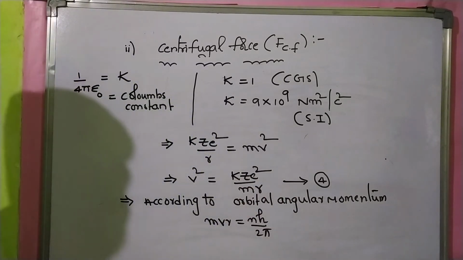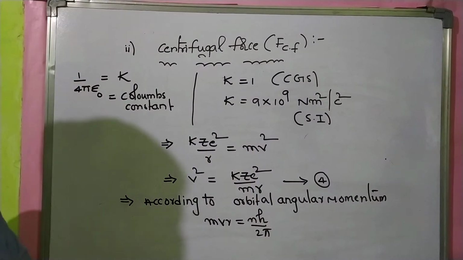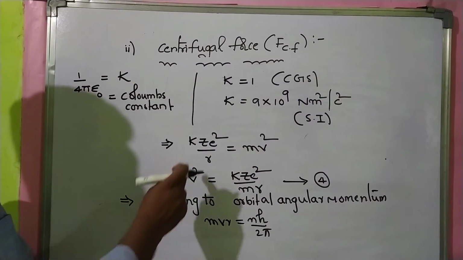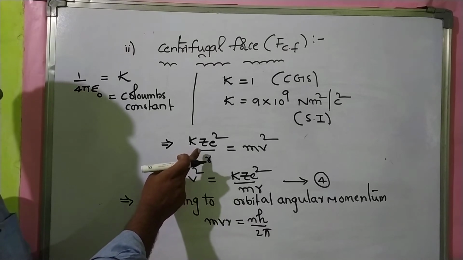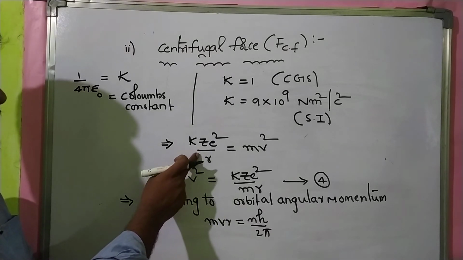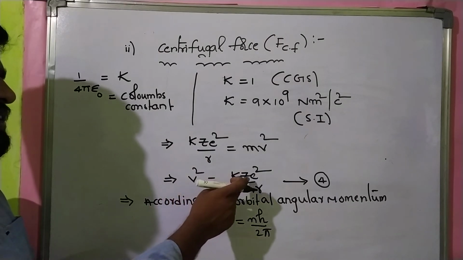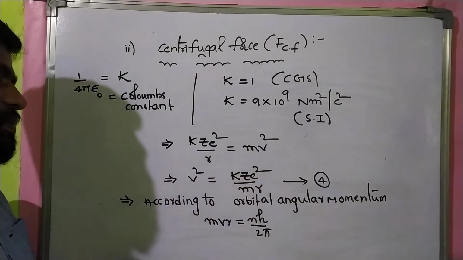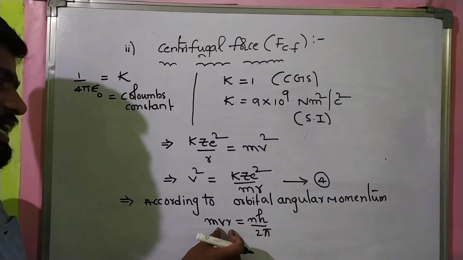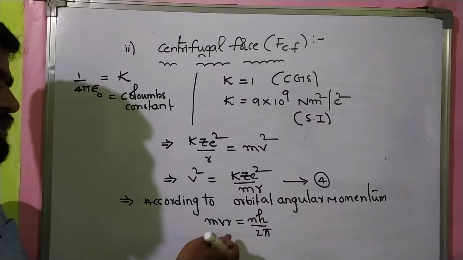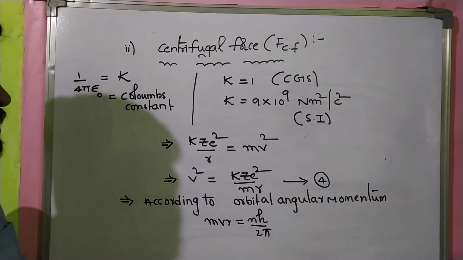Please note up to this. This is from the equilibrium state: V square equals K into Z into e square by m into r. Now this is taken from orbital angular momentum, means by using Bohr's postulates.